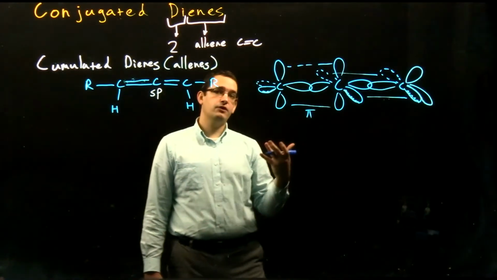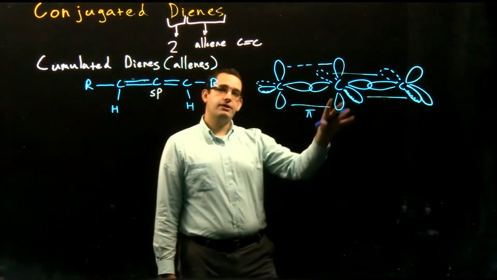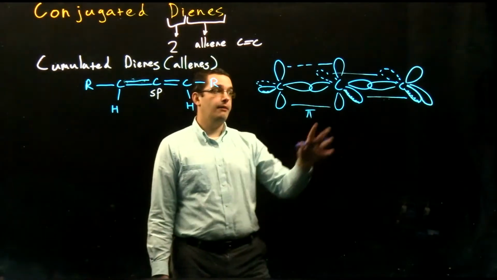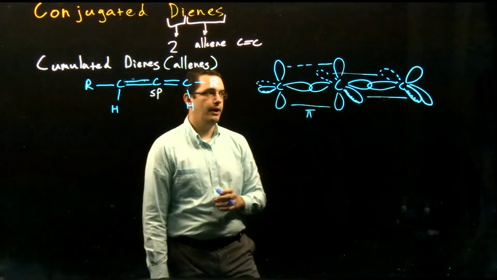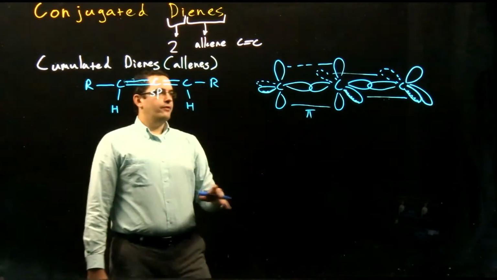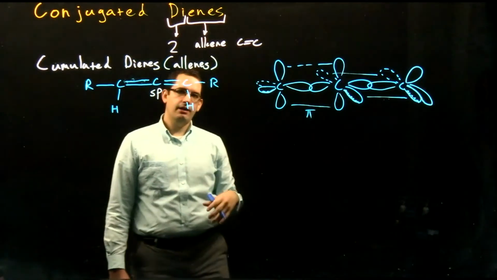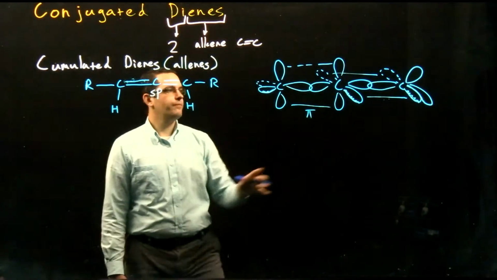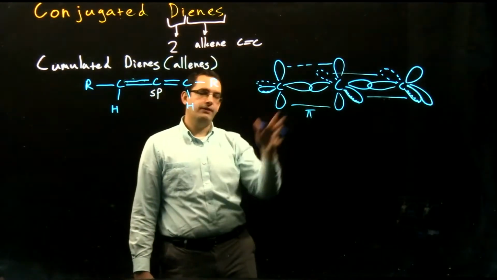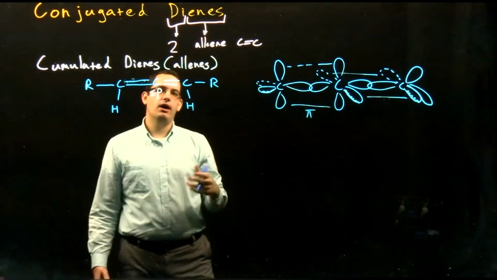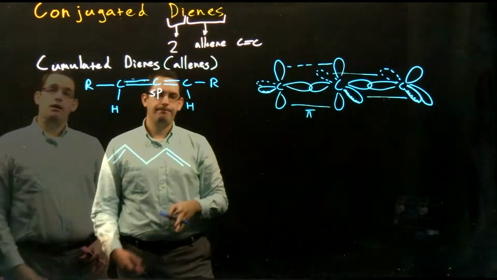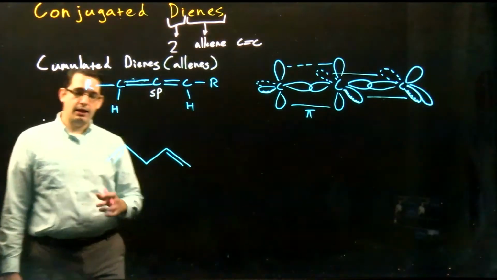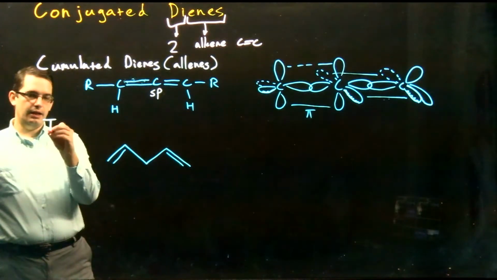So you end up with kind of this twisted system, and this can actually result in some interesting chirality for these allenes here as well. However, these double bonds are essentially completely isolated, right? They're fixed so that one is at 90 degrees relative to the other, and it actually creates a somewhat unstable system overall.